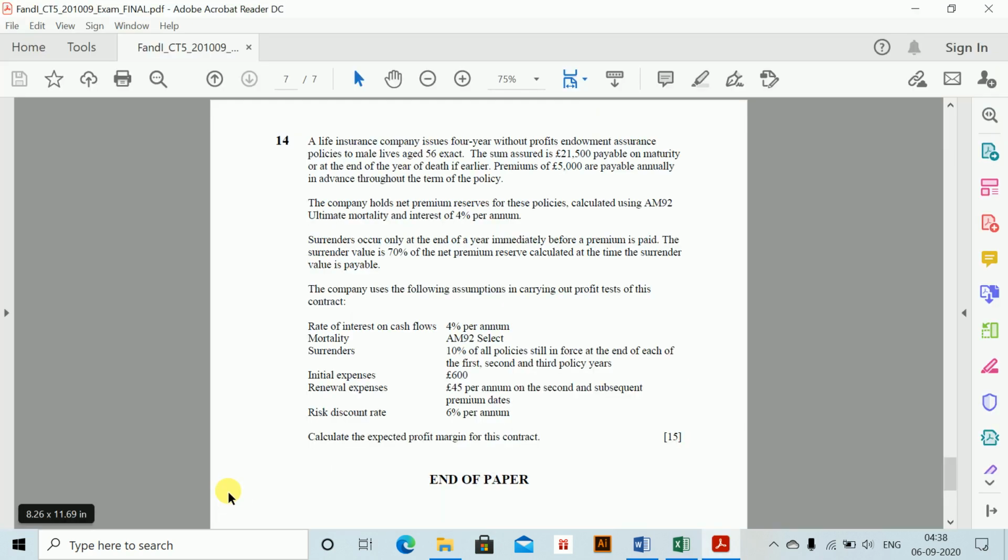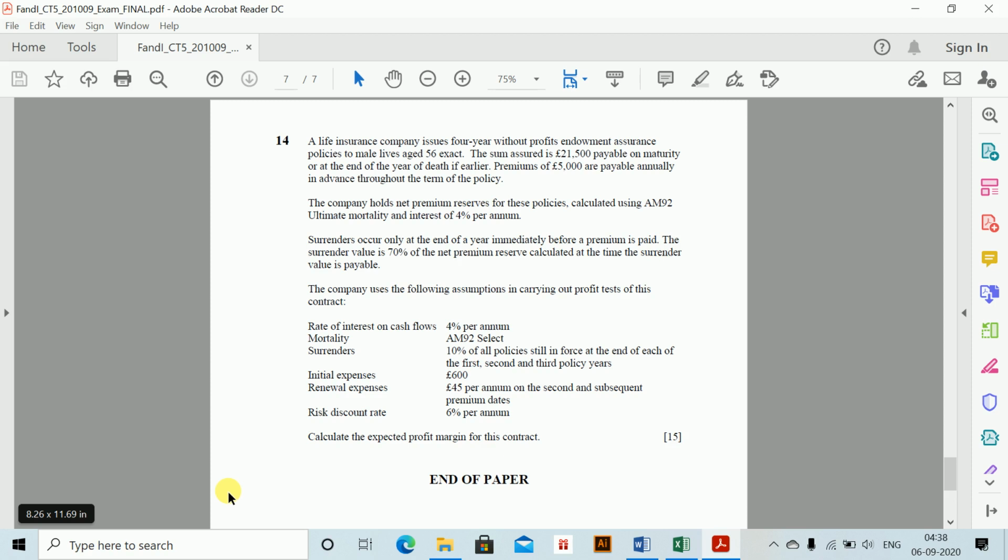CT5 October 2010, question 14, profit testing conventional products. A life insurance company issues 4-year without-profit endowment assurance policies to male lives aged 56 exact. Sum assured is 21,500 payable on maturity or at the end of the year of death if earlier. Premiums of 5,000 are payable annually in advance throughout the term of the policy. The company holds net premium reserves for these policies calculated using AM92 ultimate mortality and interest of 4% per annum.